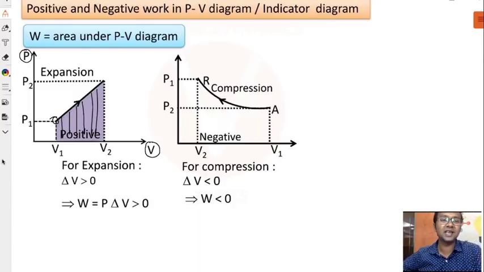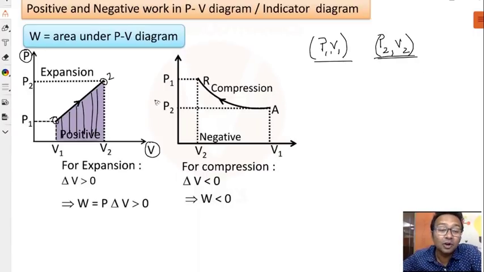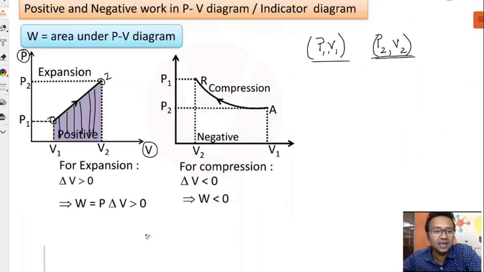Initially, say the gas was at this point where its pressure and volume were P1, V1, and finally it came to this particular point 2 where its pressure and volume are P2, V2. Clear guys? Then integration is nothing but the area under the graph, so from point 1 to point 2, my dear students, it is nothing but the area under this curve.